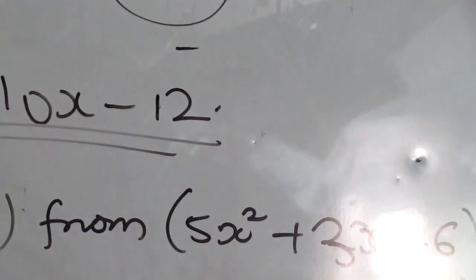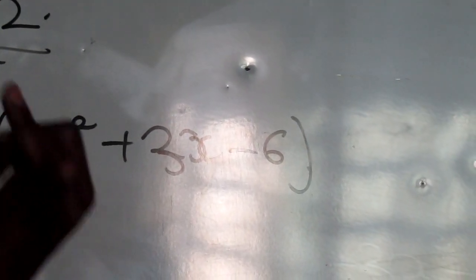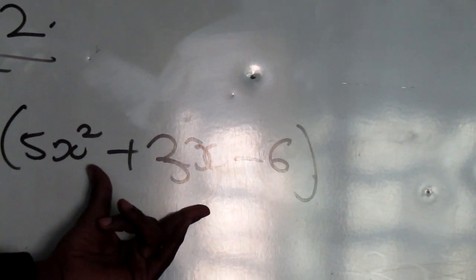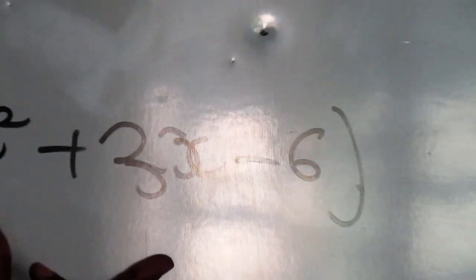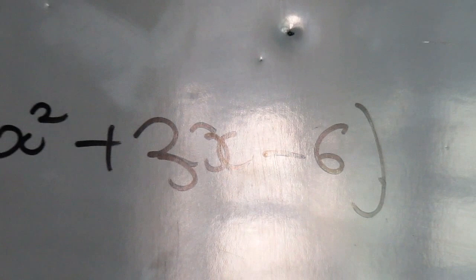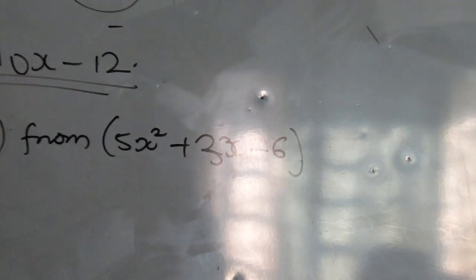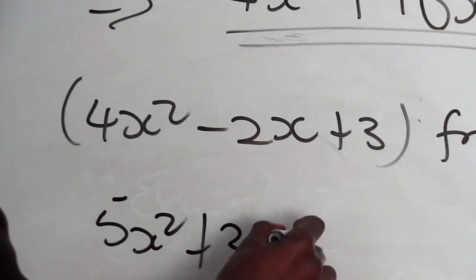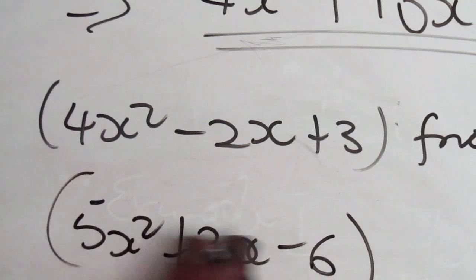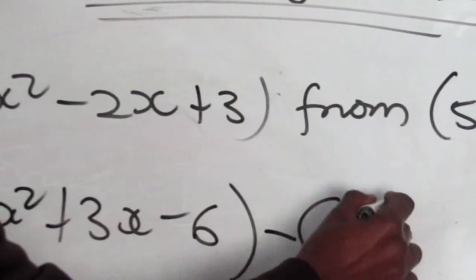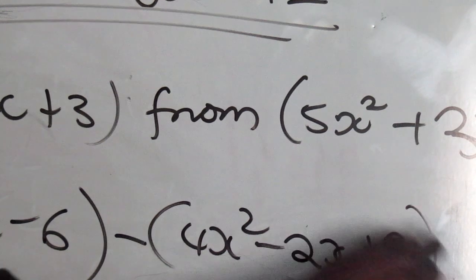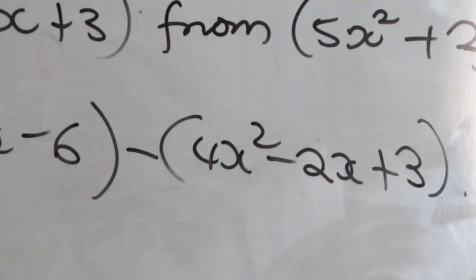So in this expression, what you should understand is subtract from, which means that this expression is subtracted from this one. So when we arrange our expression, we have to put this one first, because we are subtracting this one from this one. Therefore, we have 5x squared plus 3x minus 6, in brackets, minus 4x squared minus 2x plus 3. This is how we arrange our expression.